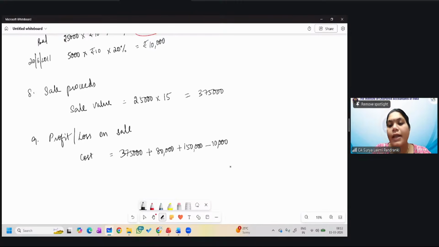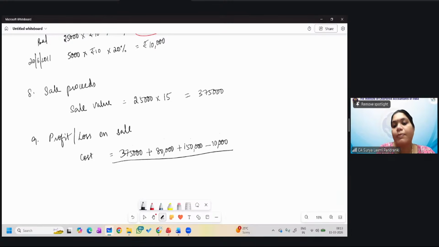This is the total cost that we have. This 3,75,000 is the balancing figure that we had in the opening. 80,000 was the purchase that we made. Bonus, we don't have cost, so I didn't take that. This 150 is the rights issue price. And this 10,000 is nothing but the dividend that is adjusted against the cost of investment. So this is the total cost.